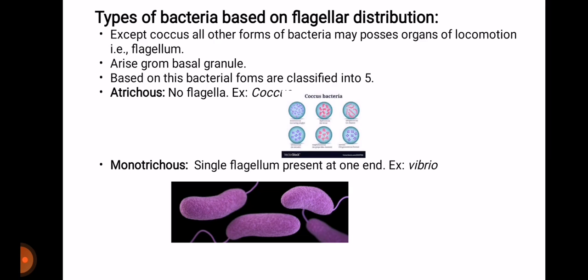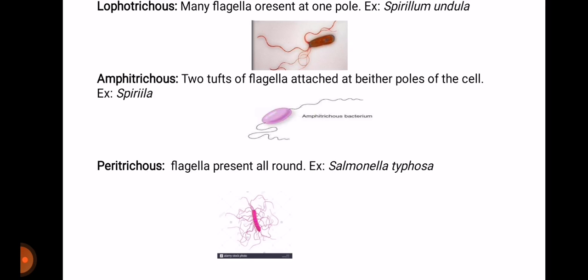Example Vibrio, you can see in the picture. The next one is Lophotrichous. Many flagella are present at one pole of the bacteria. Example Spirillum. And Amphitrichous. Two tufts of flagella are attached at either pole of the cell, that is spirilla.